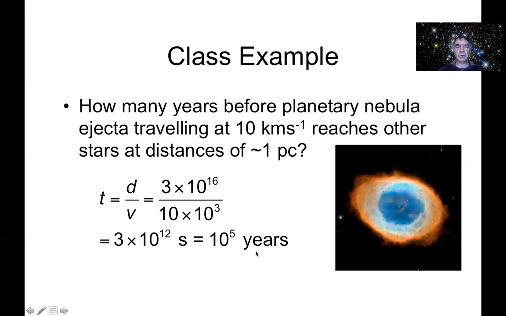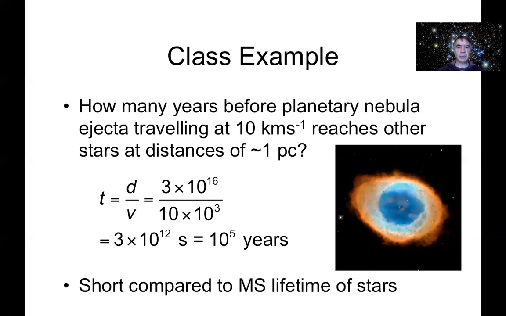So in 10⁵ years' time, this material will have dispersed quite a lot. In fact, after about 10,000 years, these nebulae fade so that you can't see them. Let's compare this timescale to other things that we've met in the course already. Typical main sequence lifetimes of stars are much longer than this.